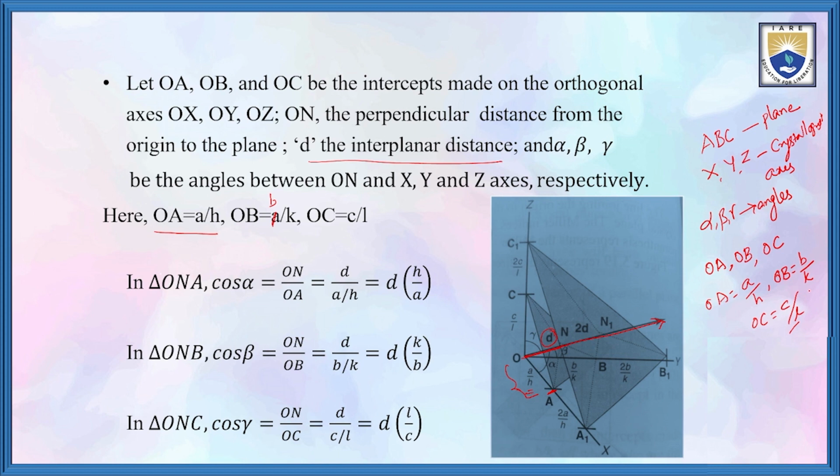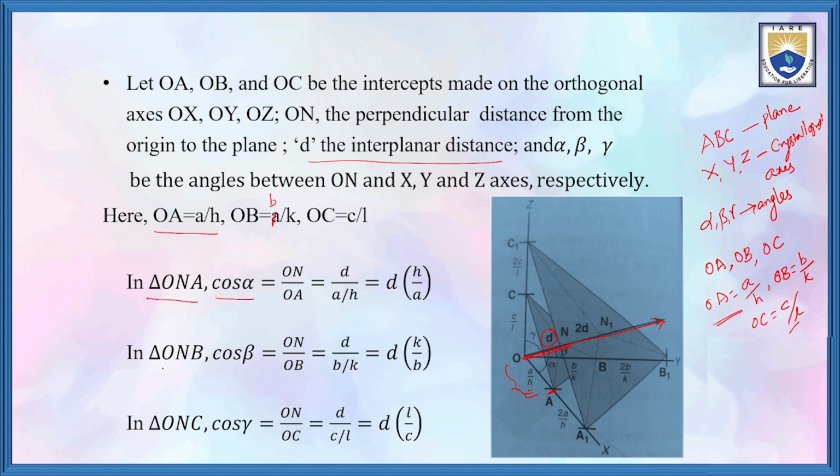Now taking triangle ONA, cos alpha is equal to ON by OA, which is d, the interplanar distance, divided by OA. OA is a by h, so d by a by h is equal to d into h by a.